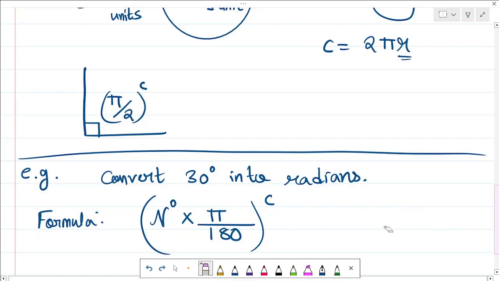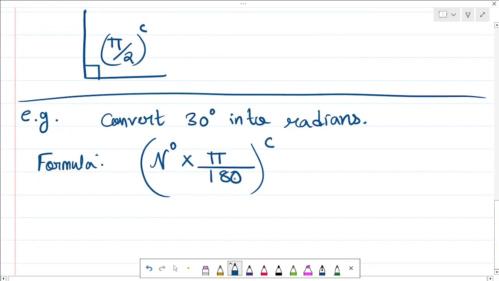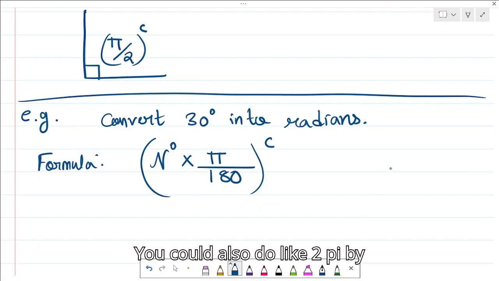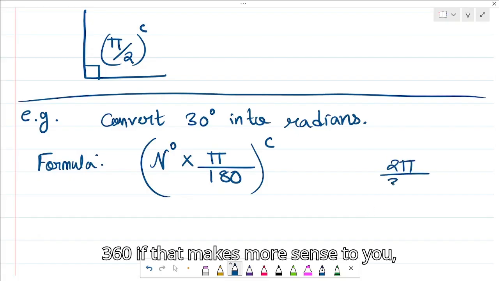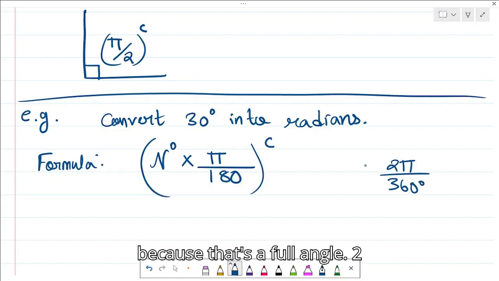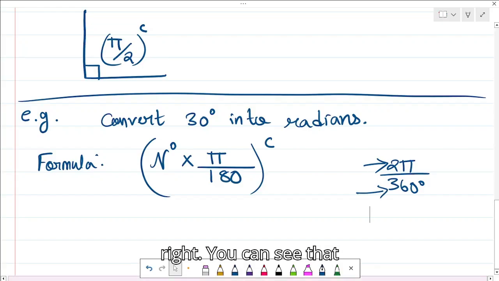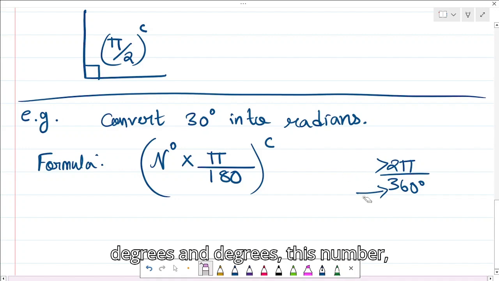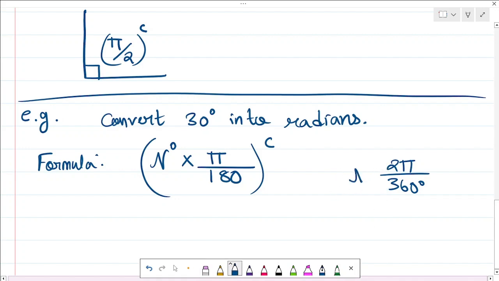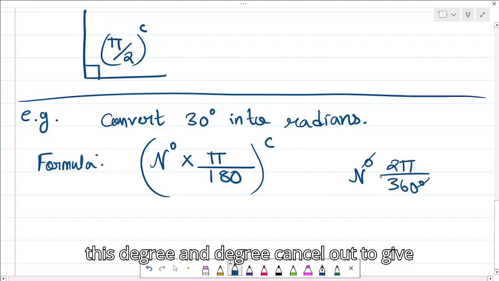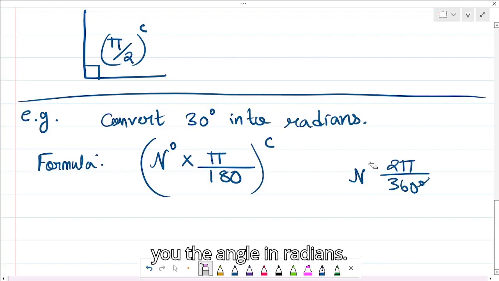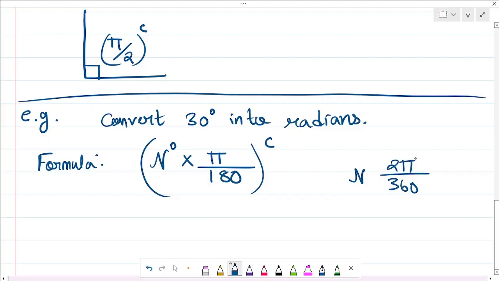You could also do 2 pi by 360 if that makes more sense to you, because that's a full angle. 2 pi, that's a full angle in radians, and 360 is a full angle in degrees, right? You can see that degrees and degrees cancel out to give you the angle in radians. This is C, of course.